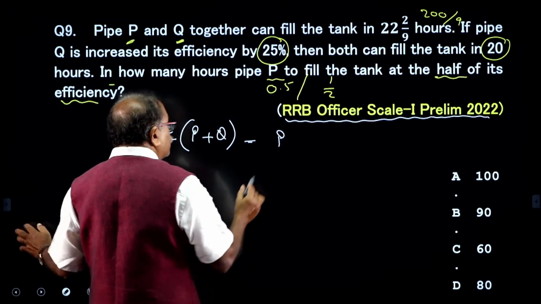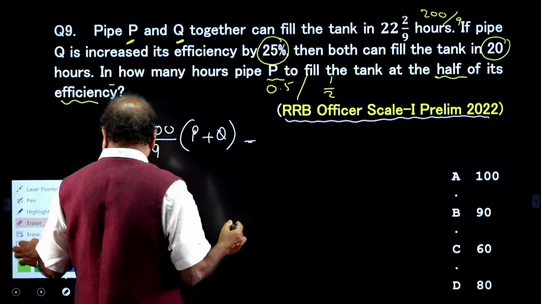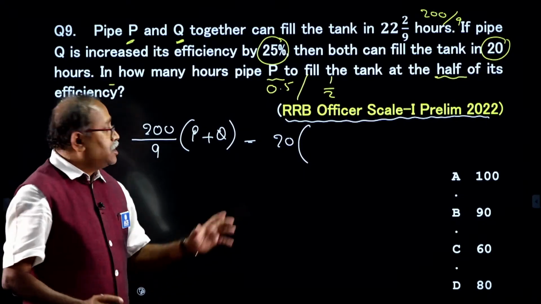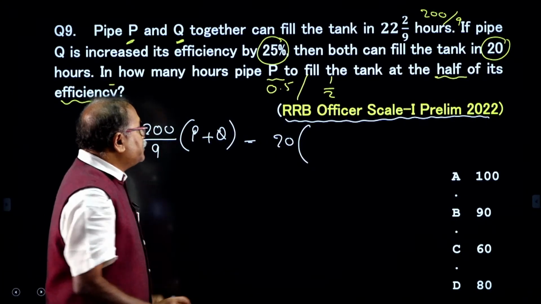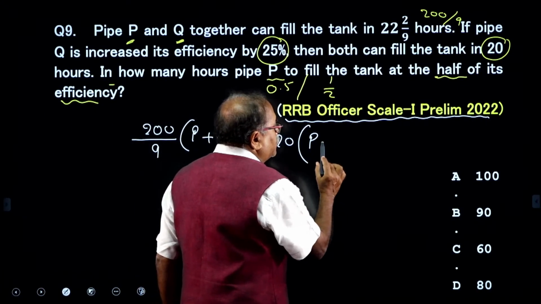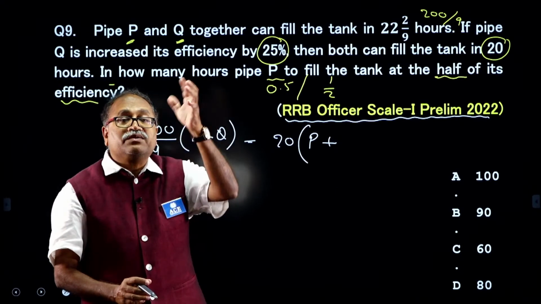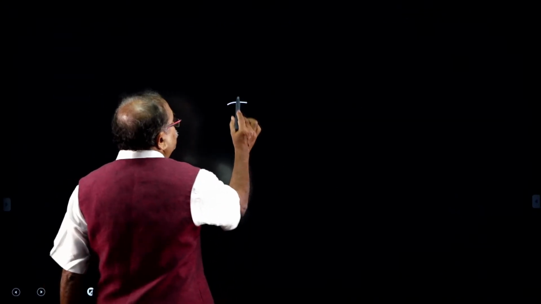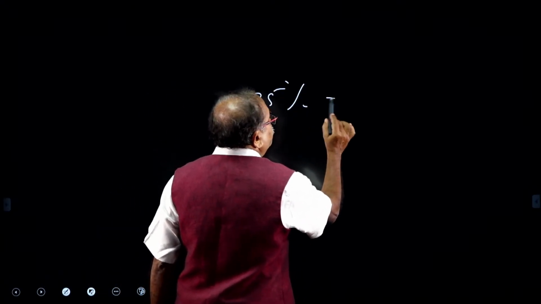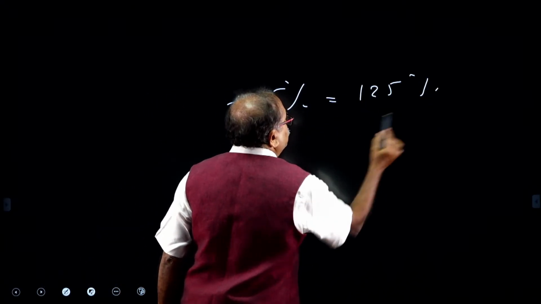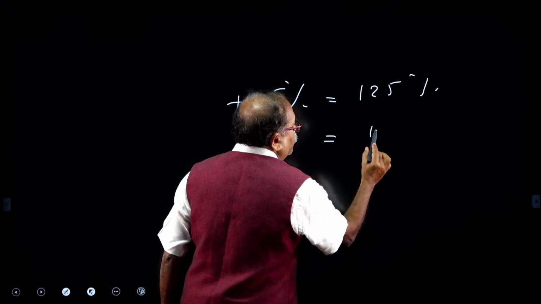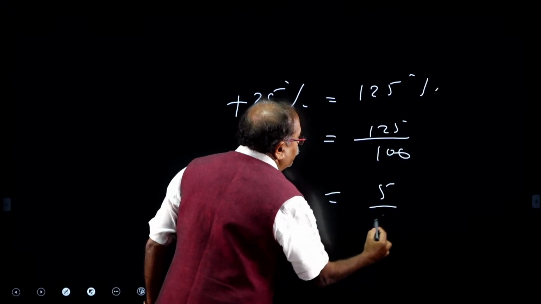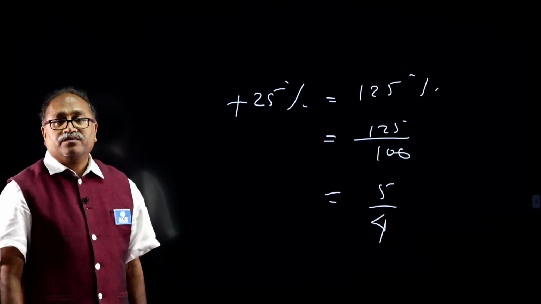Let me write down this 20 hours first, and the efficiency here. The P efficiency remains P and the Q efficiency is increased by 25%, which means it is 125%, that is 125 by 100, which is 5 by 4 of Q.